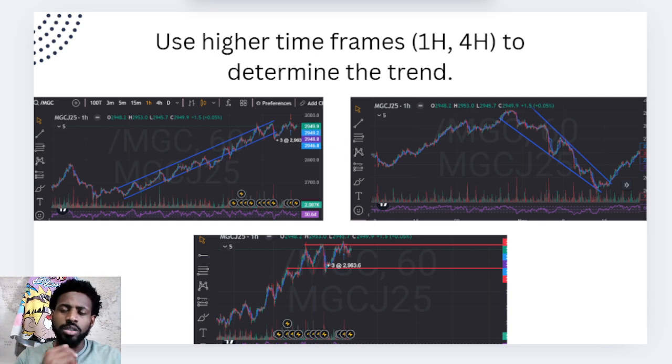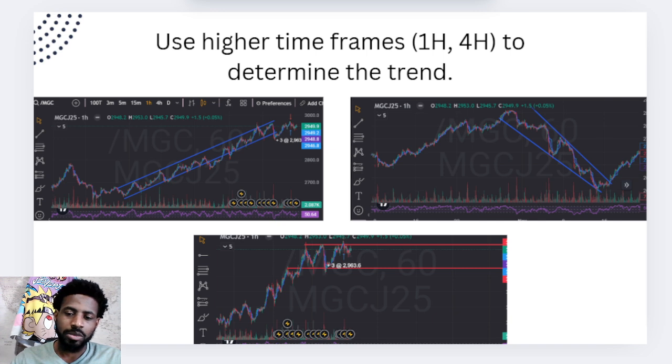I use the 1 hour. The reason is you don't know if it's going to hit resistance, or make a double top, or do a head and shoulders, which can mean a reversal from the trend that's already occurring.